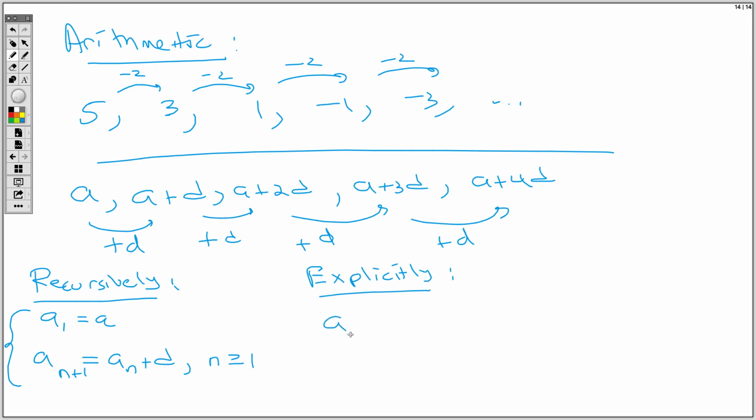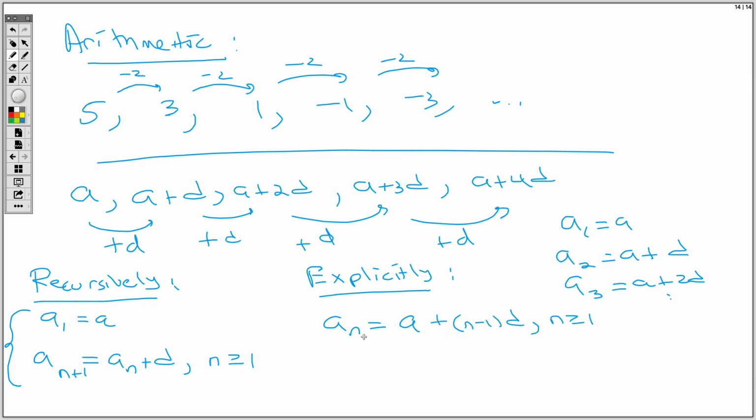Or you could look at it explicitly. A sub n equals, well, let's look. You start with a, so a sub 1 is a. A sub 2 would be a plus 1d. A sub 3 would be a plus 2d, and so on. So a sub n would be a plus (n minus 1)d for n bigger than or equal to 1.